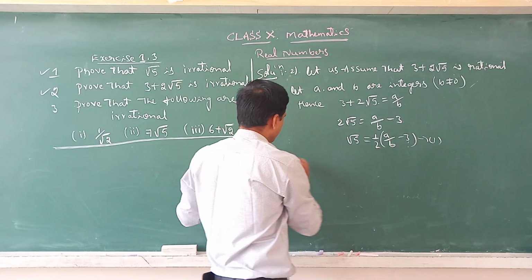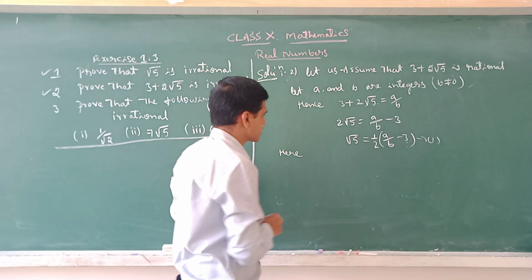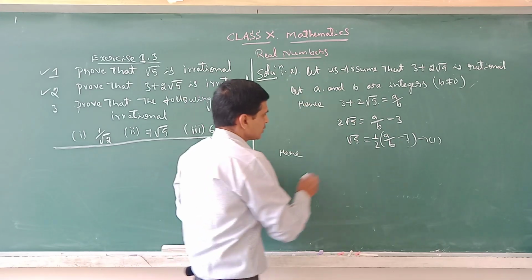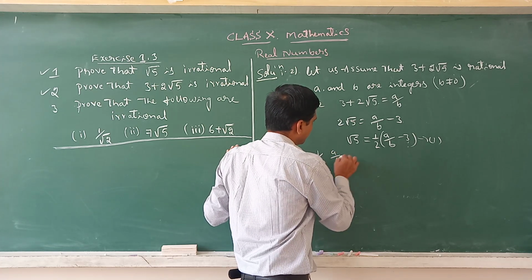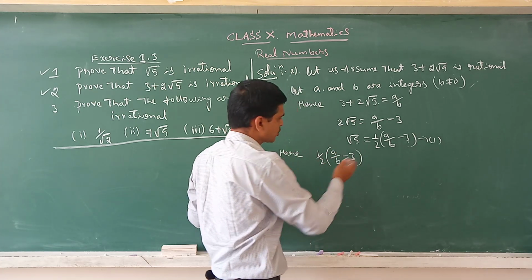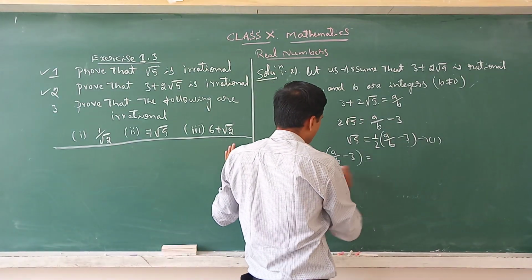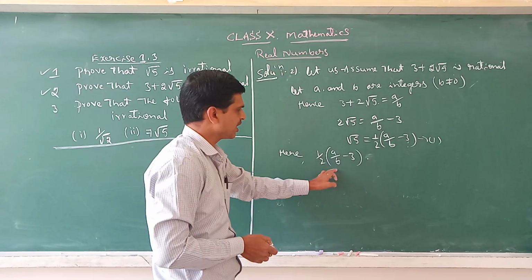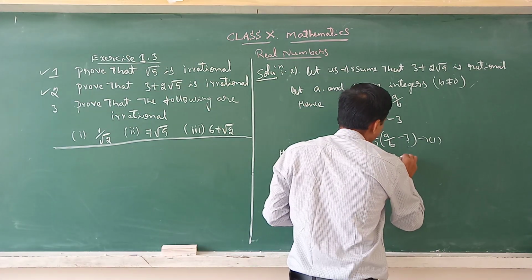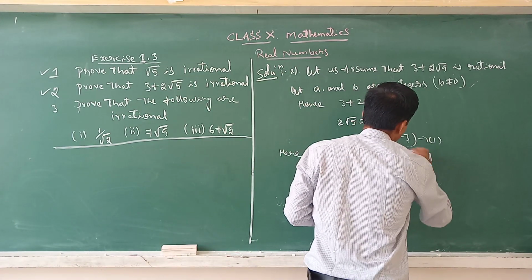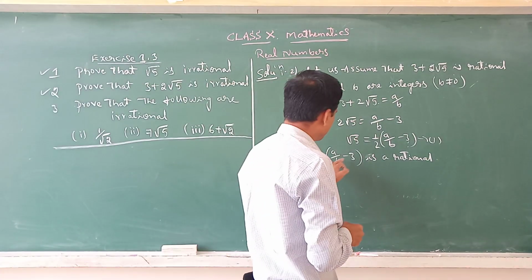So directly by using our previous example, 1 by 2 of a by b minus 3, if you substitute any values for a and b, it becomes a rational number.